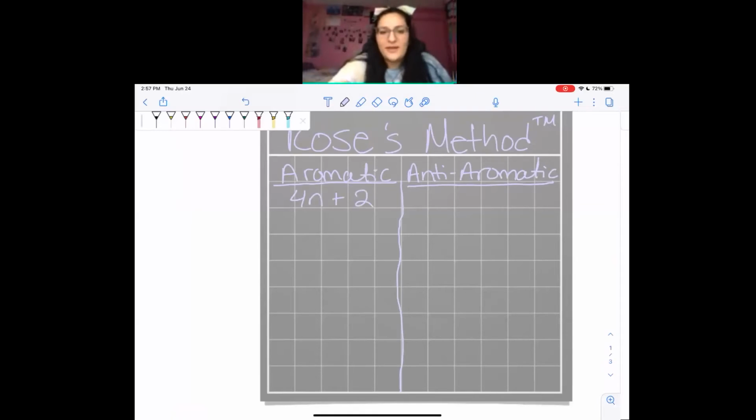To be anti-aromatic, it's 4n, right? So instead of thinking about it as an equation, we're just going to memorize these numbers, okay? So to be aromatic, you have to be either 2, 6, 10, 14.